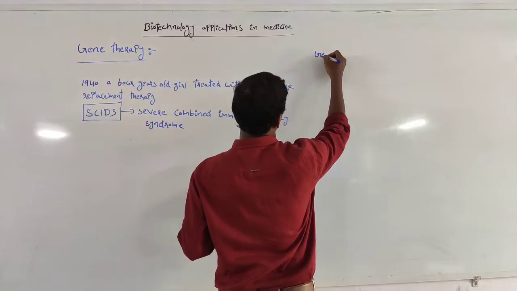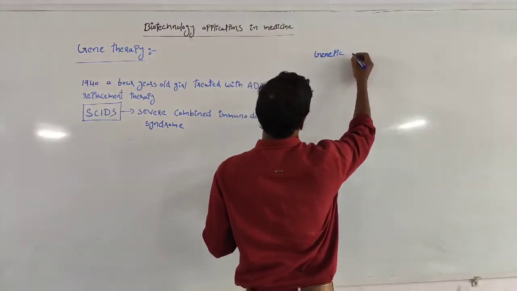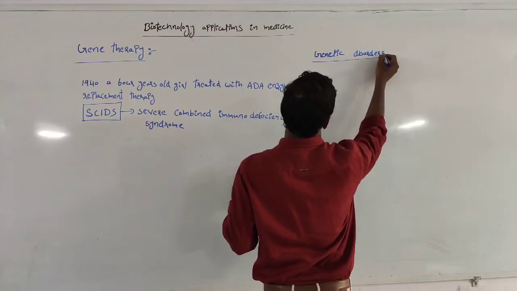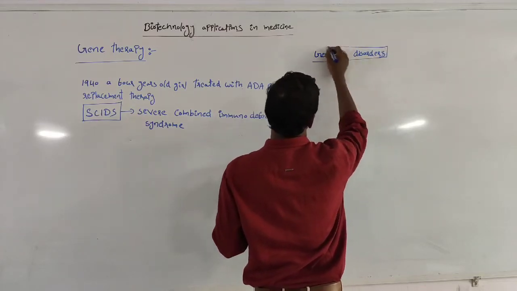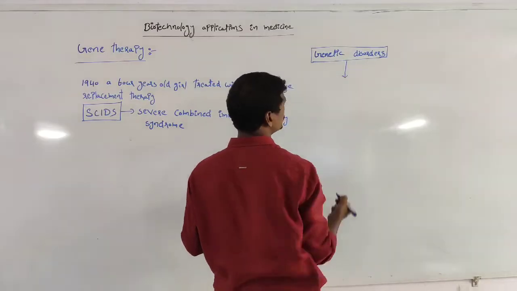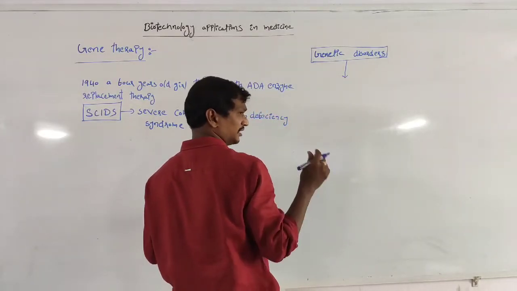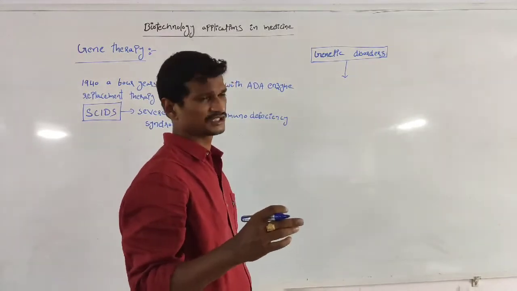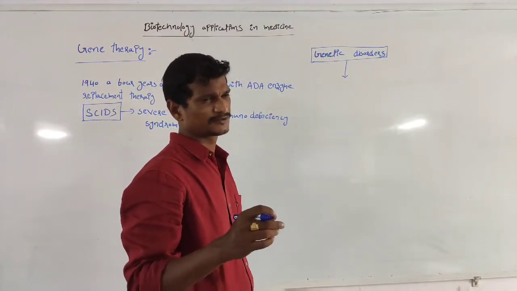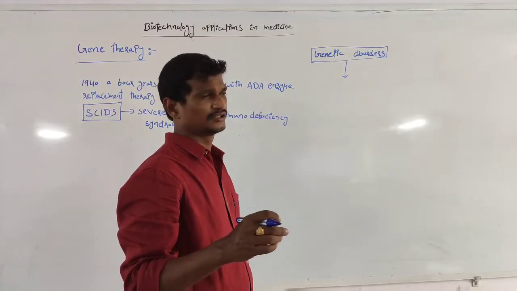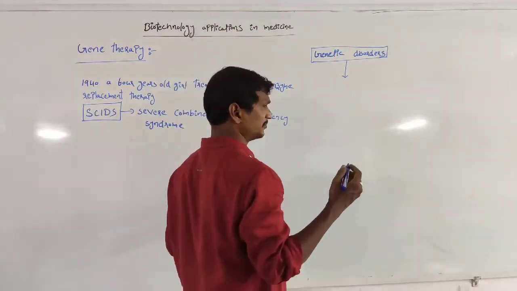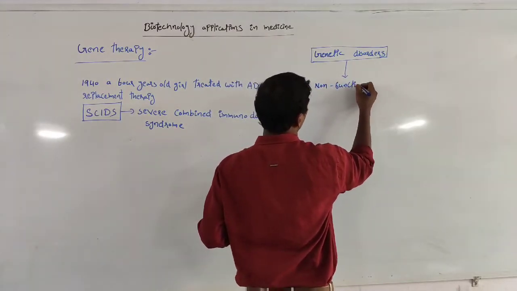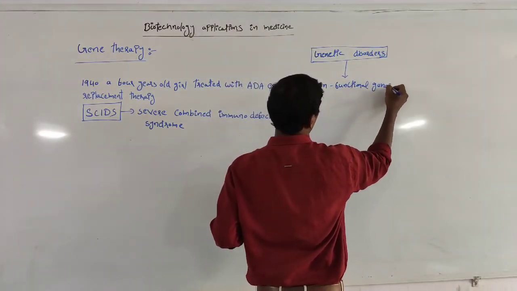Some genetic disorders are present, and the cells of the person contain them. There is an impairment in the genes within the cells. Impairment means there are non-functional genes present within the person.